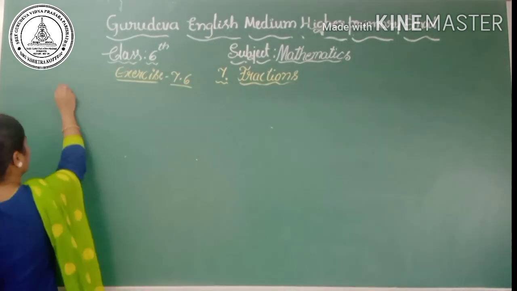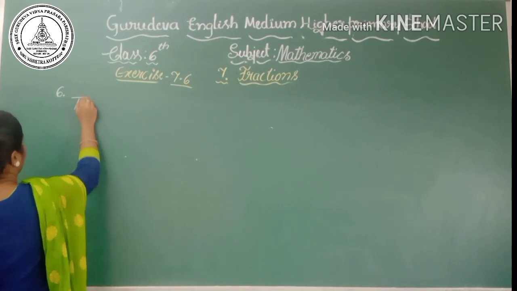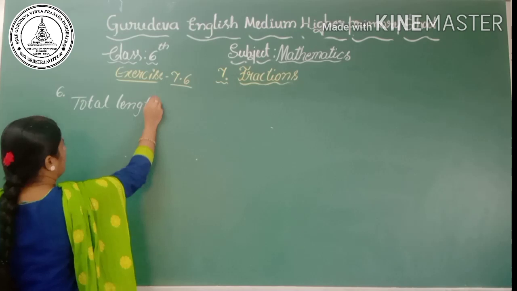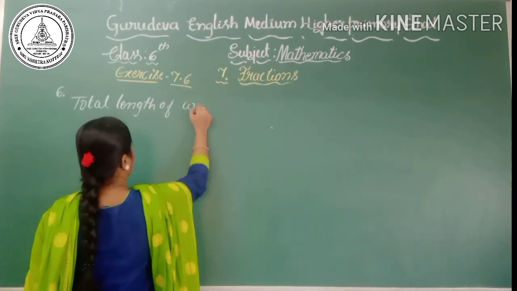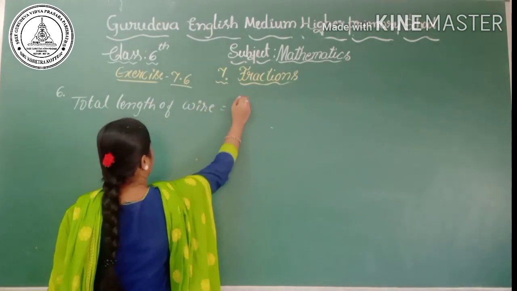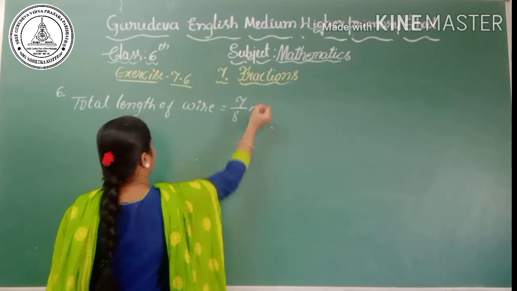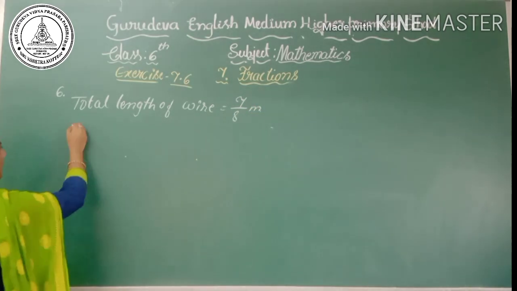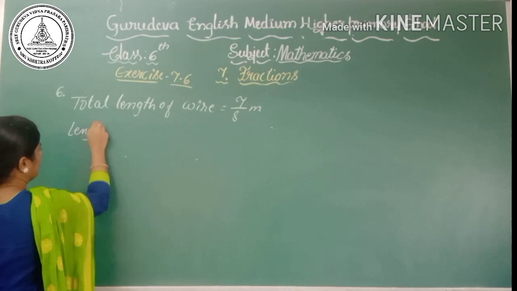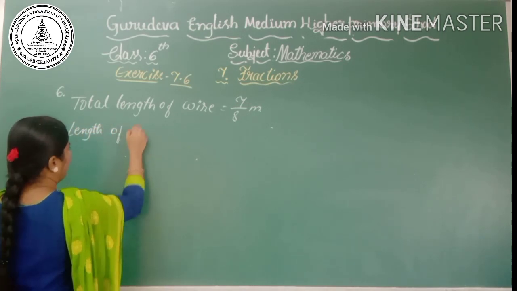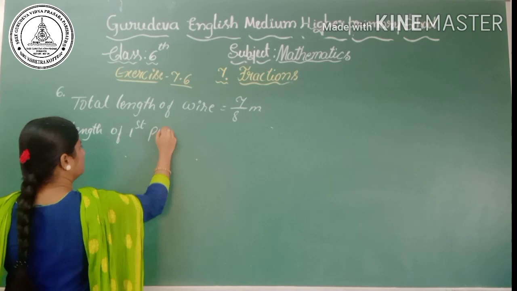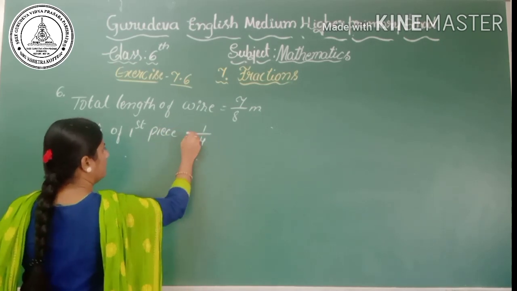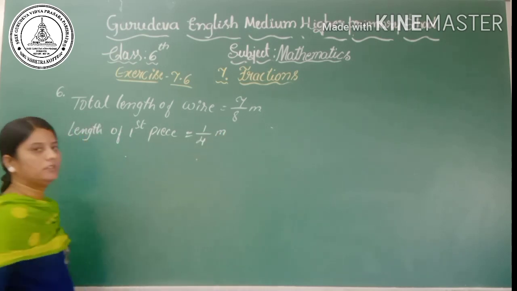Total length of wire is equals to 7 by 8 meter, and length of first piece, that is 1 by 4 meter.